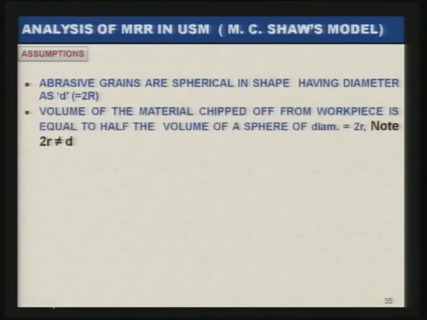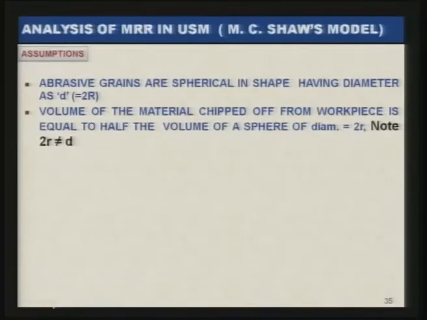As we see, he assumed that abrasive grains are spherical in shape and have a constant diameter, that is small d, equal to 2 capital R. However, in reality it is not so. The shape is not spherical and the size of the abrasive particles is also not uniform, it varies within a certain range.